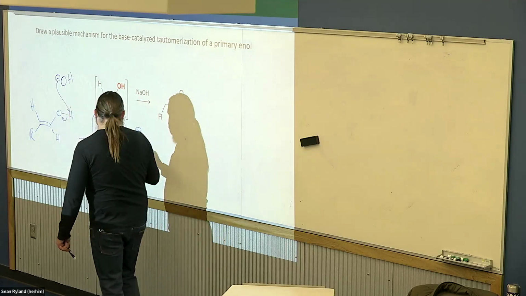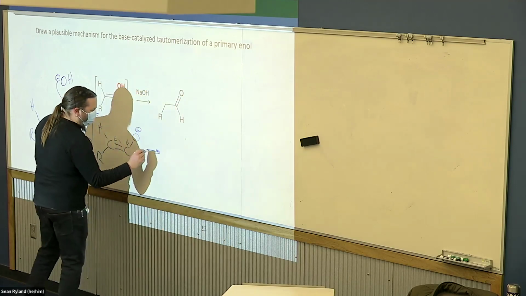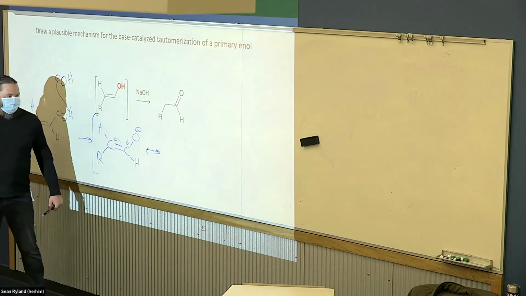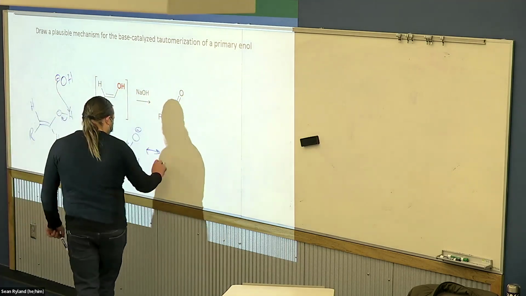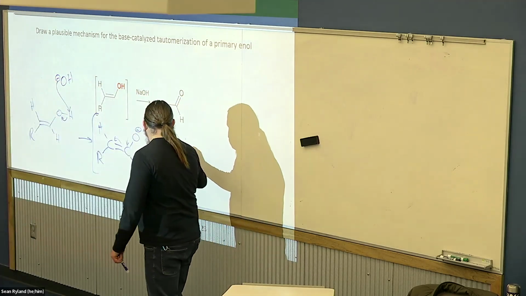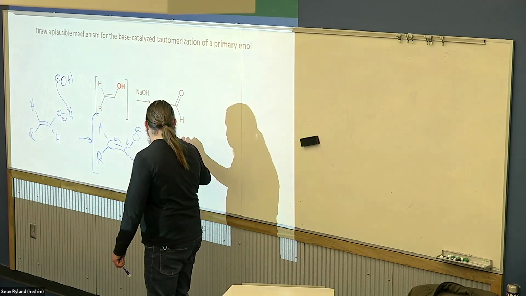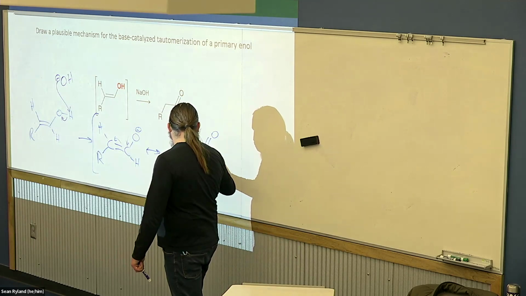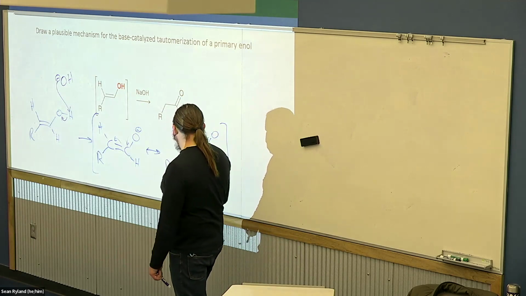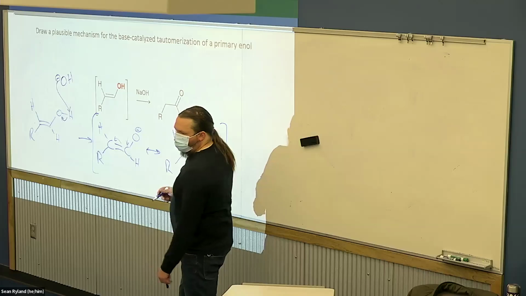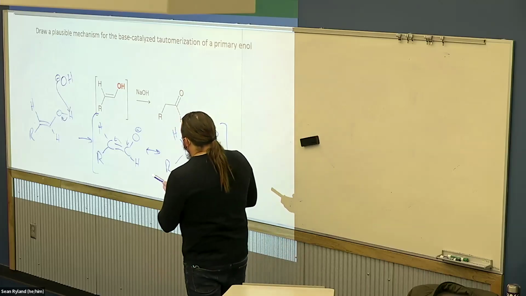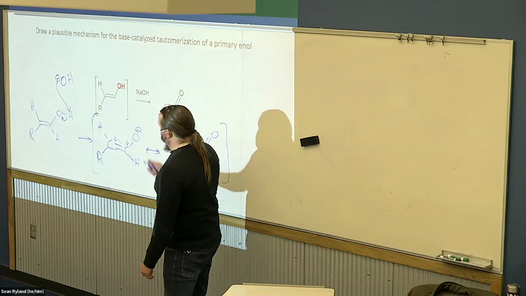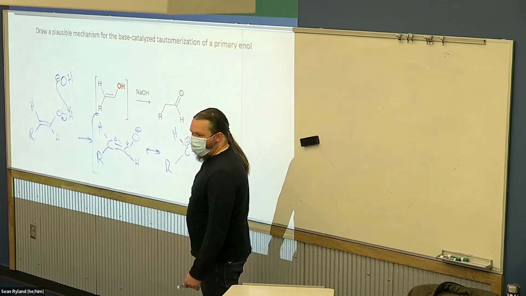So usually we put the resonance structures in brackets. And make sure you use the double-sided arrow to indicate that this is a resonance structure. And then we're under basic conditions, but we just made a water molecule, so we know that there's some amount of water around, right?